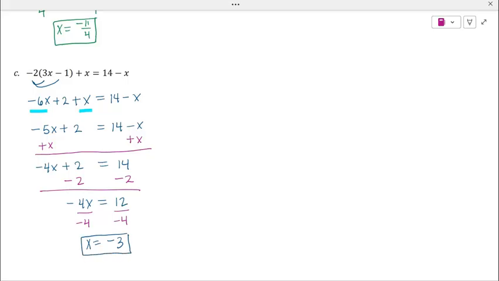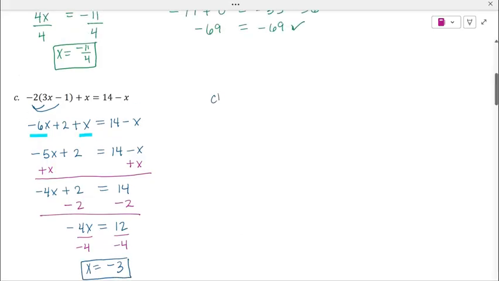Let's check. I'll put a negative 3 here in the place of x, and then another one here, and then a third one here.